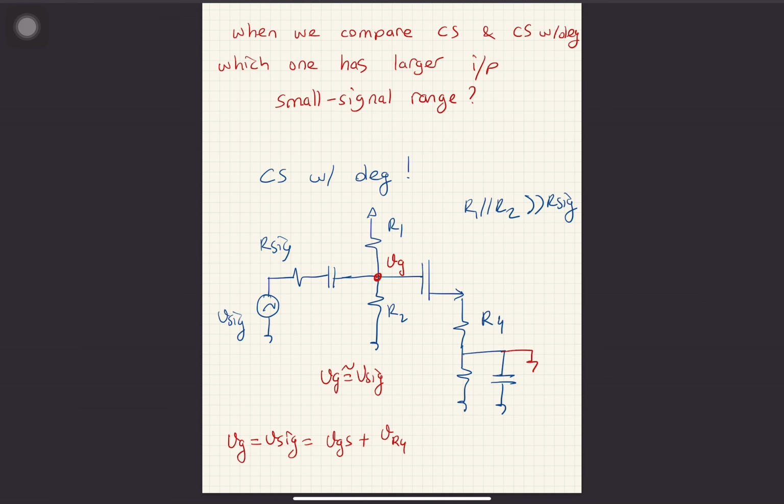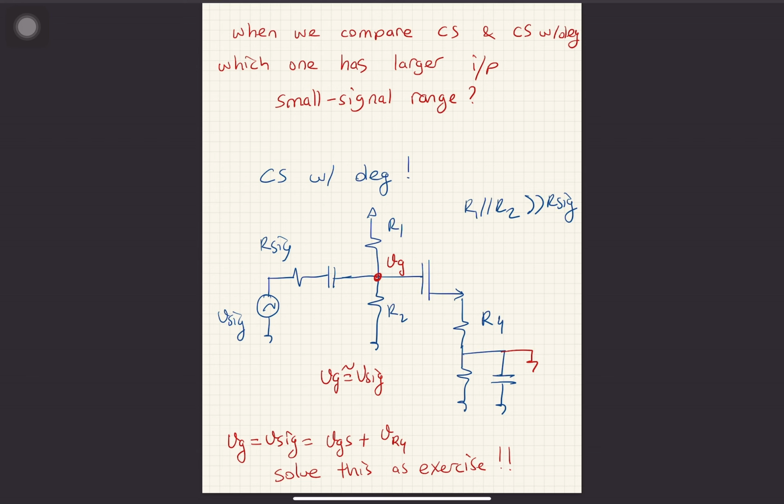Please solve this as an exercise and compare common source and common source with degeneration input small signal ranges. And if you cannot solve it, we can cover this in one of the recitation hours.